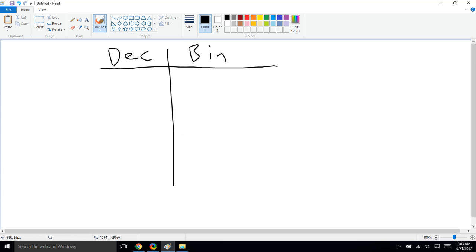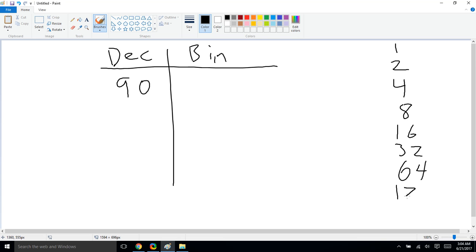For small numbers, you can sort of do this in your head. Let's say we have the number 90. You probably want to remember the powers of 2: 1, 2, 4, 8, 16, 32, 64, 128.